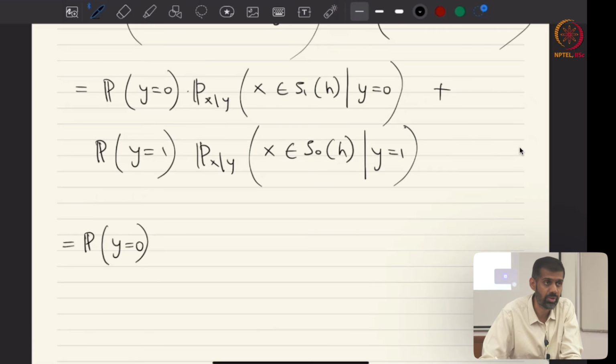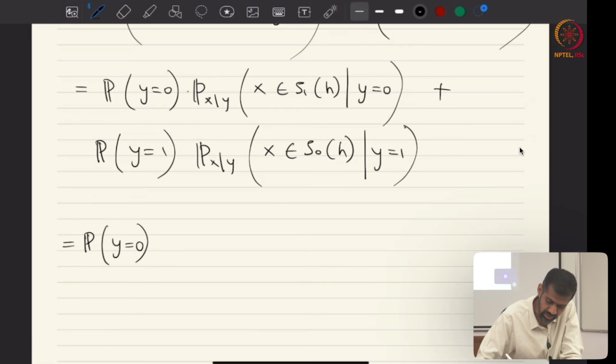I will have to compute that probability for a continuous random variable. What do I do? If I have to compute the probability of a random variable being in a set, how do I compute it for a conditional random variable? Integrate the PDF. We'll have to integrate the PDF.